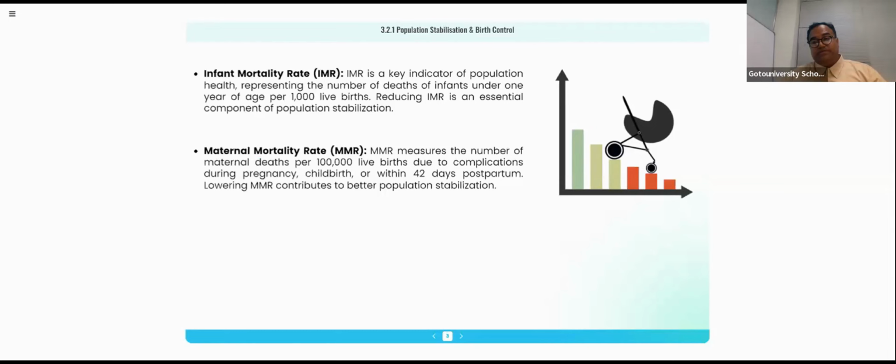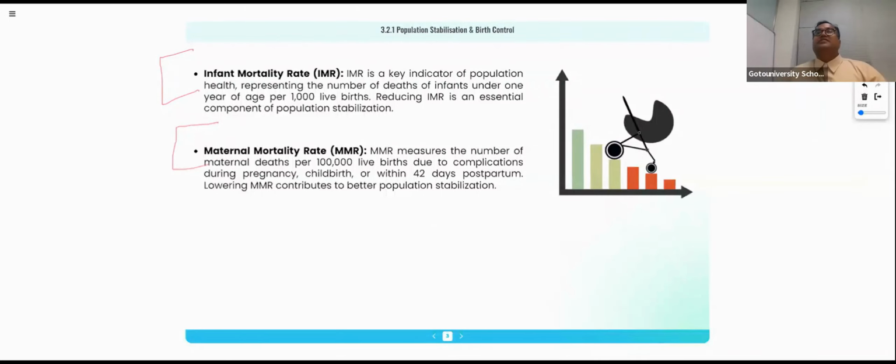Now, if you're talking about MMR, it is the maternal mortality rate, okay? It is the deaths per 1 lakh live births due to complications during pregnancy. So what is the reason for MMR and what is the reason for IMR?